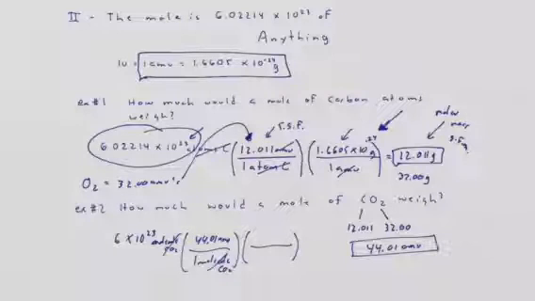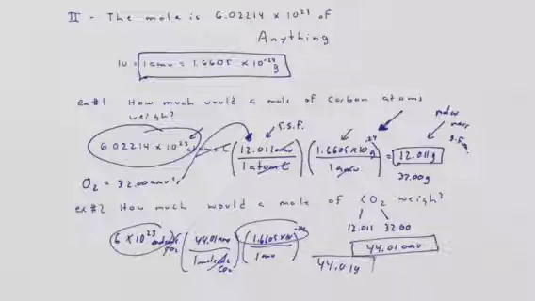How much does that weigh in grams? I go 1 AMU is 1.6605 times 10 to the minus 24th. Well, guess what? These numbers are the same. My answer is 44.01 grams. That is the gram formula mass, and that's what a mole of CO2 weighs.